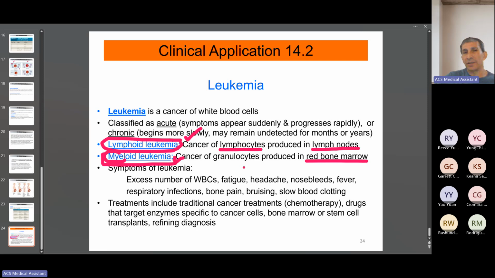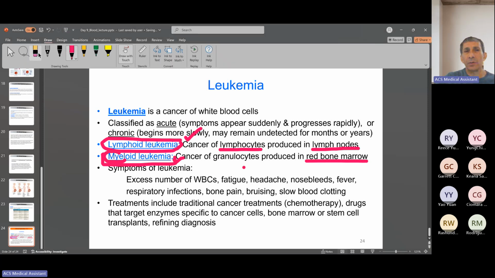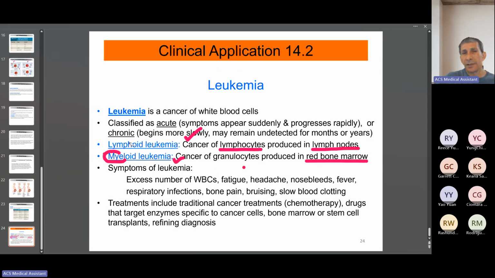So that's basically what it is. So leukemia in general, that's the only thing that you need to know, is that this is a cancer in the blood due to excess of white blood cells or lymphocytes. Remember, this particular type is not the neutrophils, it's not the eosinophils, it's not the basophils, it's not the monocytes, it is the lymphocytes. That's it.